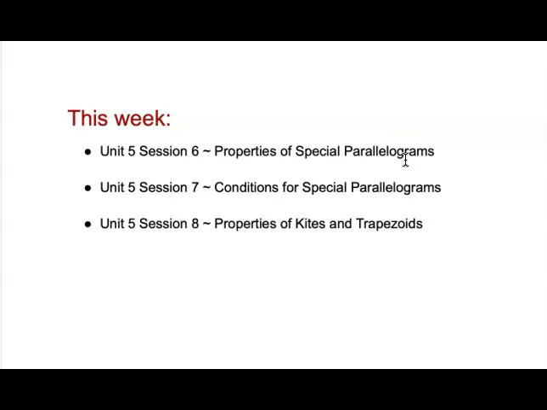So rectangles, rhombuses, and squares are all types of parallelograms, meaning that they have all the properties that parallelograms have, and then some. So then they have some additional properties that make them special types of parallelograms. So again, we're going to be looking at rectangles, rhombuses, and squares. Those are the special types of parallelograms we're going to look at.